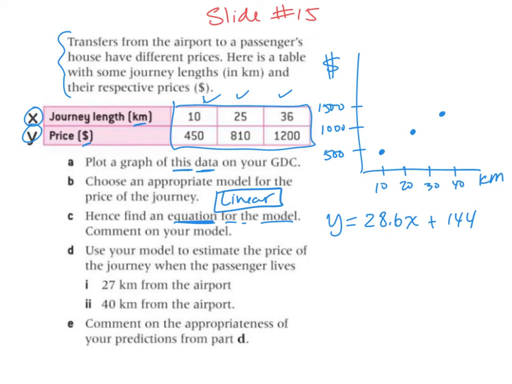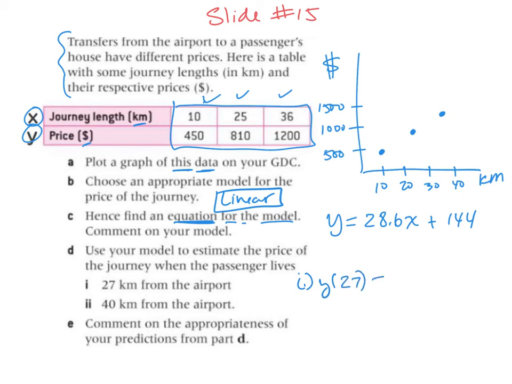So letter D then says, use your model to estimate the price of the journey when a passenger lives 27 kilometers from the airport. So that means you're going to evaluate y of 27.